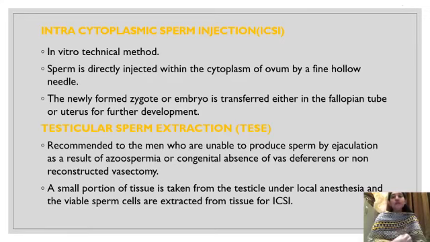Then the sperm is taken and ICSI is performed. Because the man is unable to produce sperm, the sperm is directly taken from the tissue of the testicles, and then ICSI is performed to initiate the further processes.